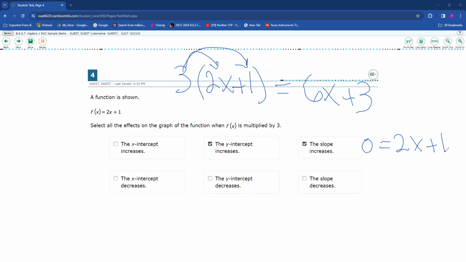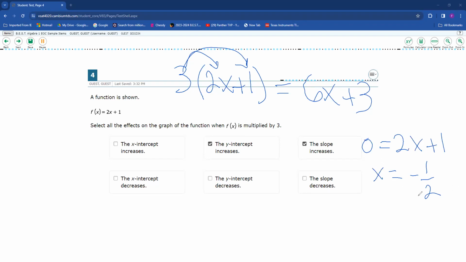When we solve for x, x is going to be equal to negative 1 over 2. And we can do the math at the end. So for those who understand how to get here, they don't need to see the long version of the video.